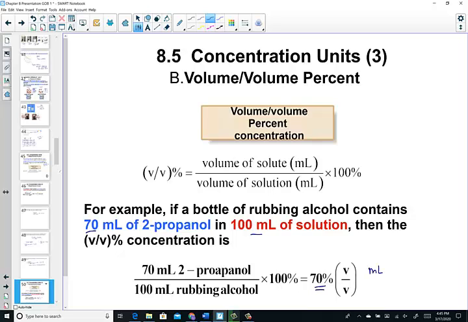So you have a mil of solute over a mil of solution, and then express that as a percent, so multiply by 100. Notice again, we're using milliliters as our representative unit for mass and for volume percentages.